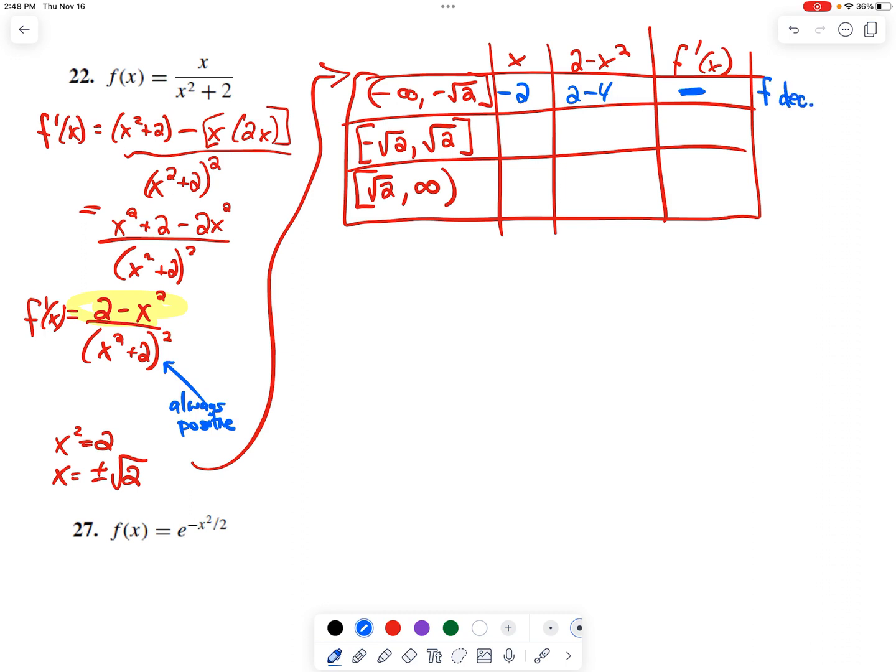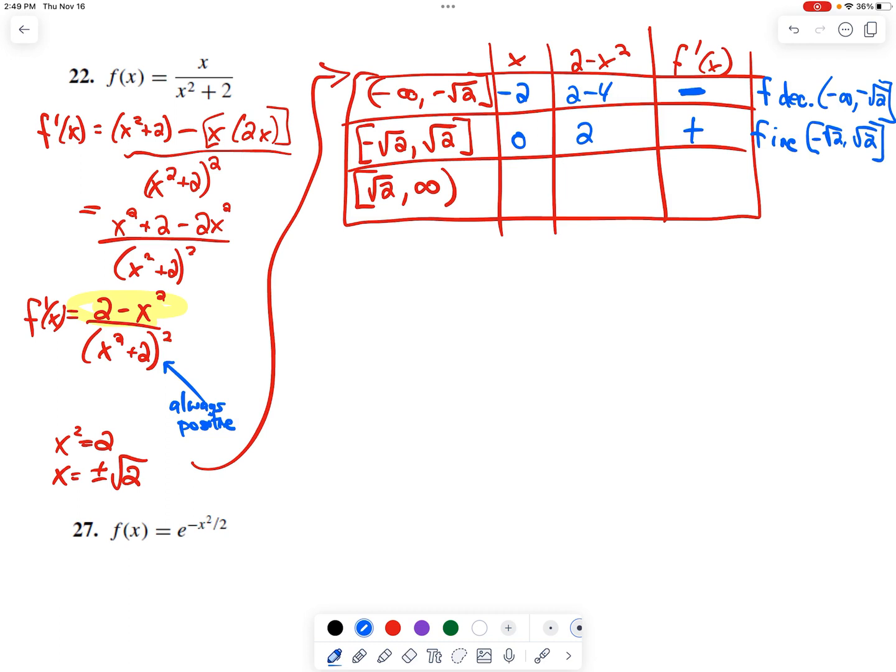I'm going to put f decreasing from negative infinity to negative radical 2. In between negative radical 2 and radical 2, I'm just going to use the number 0. 0 should be your friend. That's going to be 2 minus 0, or 2, and that's going to be positive. So we are increasing from negative radical 2 to radical 2 in that interval.